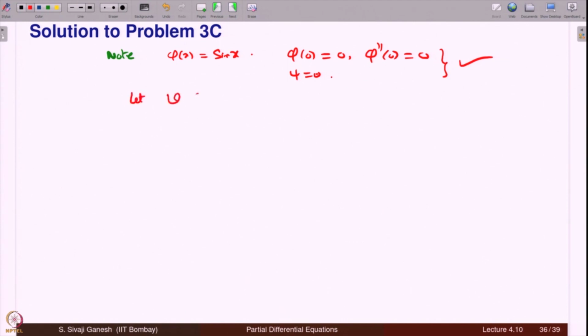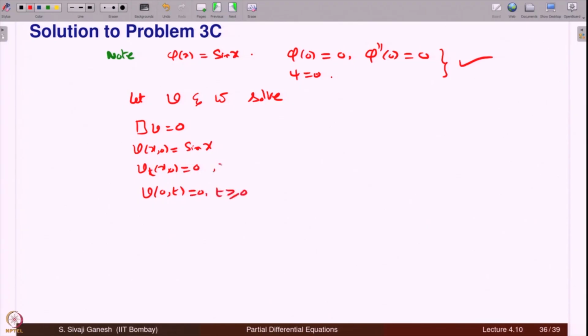Let V and W solve the following. V satisfies the homogeneous wave equation, D'Alembert of V equal to 0, V of (x, 0) is sin x, V_t of (x, 0) is 0, V of (0, t) is 0. And W satisfies the non-homogeneous equation with right-hand side x squared t, for x positive, t positive, and the rest of the conditions are zero conditions.